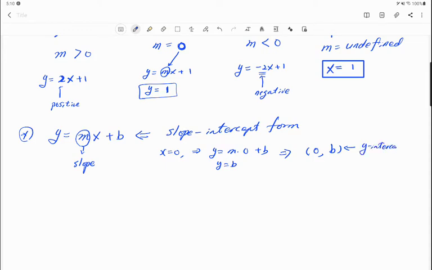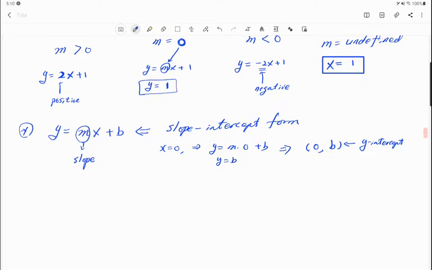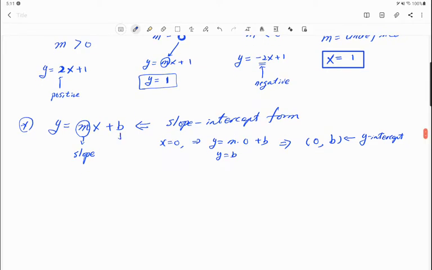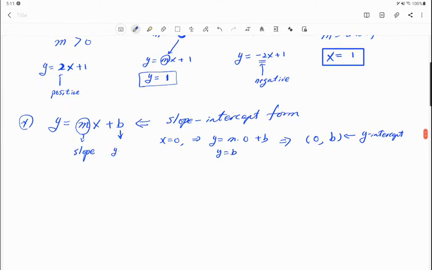Y-intercept. Okay, so x equals 0, then we got y equals b. So this b value is the y value of the y-intercept. Can you see it? So when x equals 0, y is b. So slope-intercept form is really simple. Y equals mx plus b.